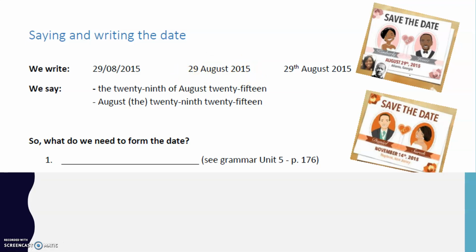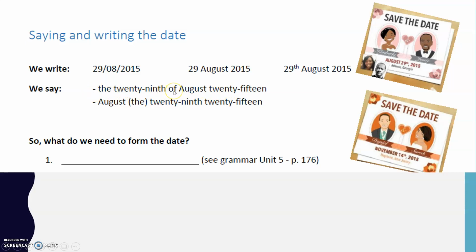Otherwise, it might sound a little weird. Ja, dus als je in het Engels zou zeggen 29th August 2015, dan zouden ze meteen horen dat je geen native speaker bent en dus dat je het Engels niet als moedertaal hebt. Dat klinkt een beetje raar. So you always add the and of.